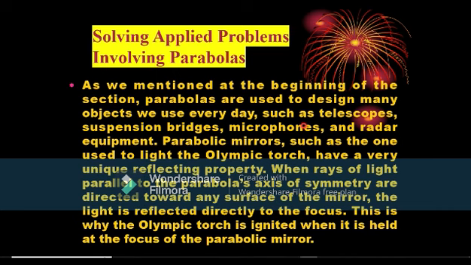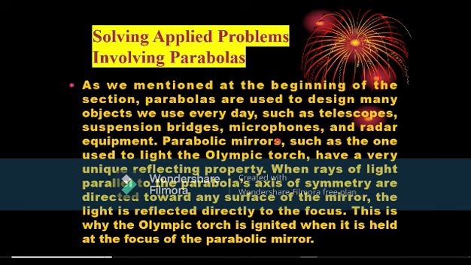Now, solving applied problems involving parabolas. As we mentioned at the beginning of the section, parabolas are used to design many objects we use every day, such as telescopes, suspension bridges, as we mentioned in our previous video, then microphones and radar equipment.